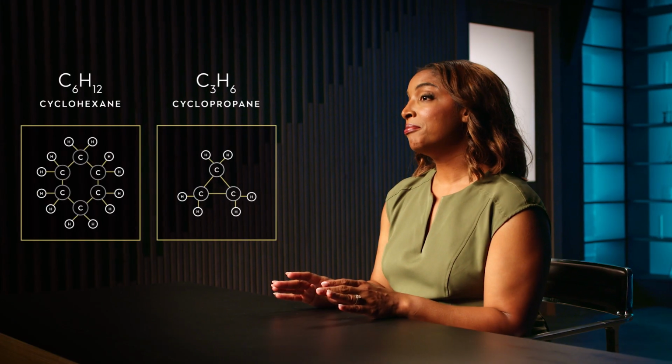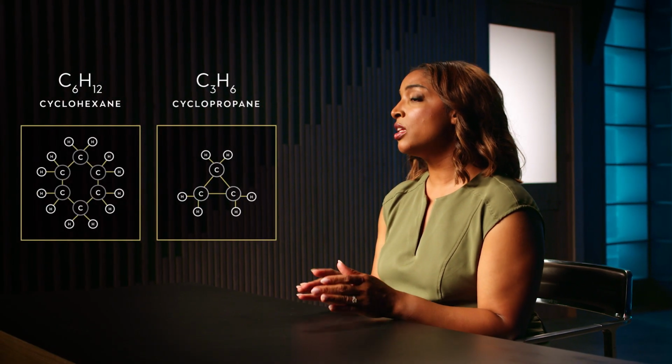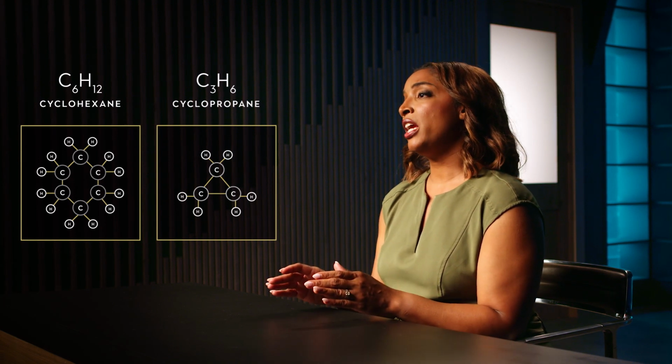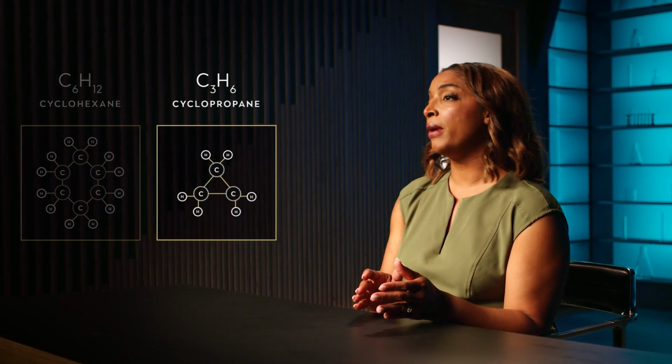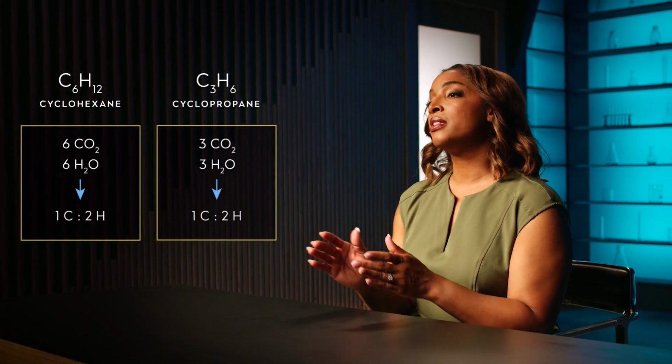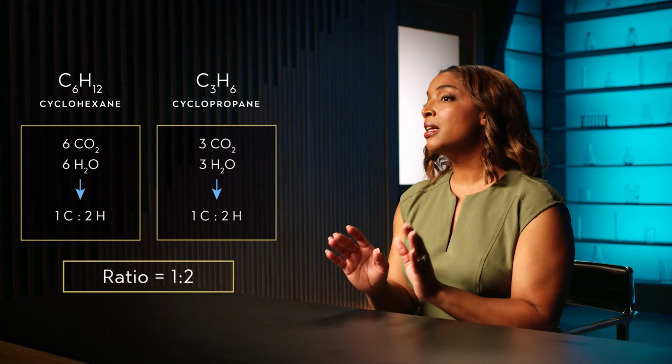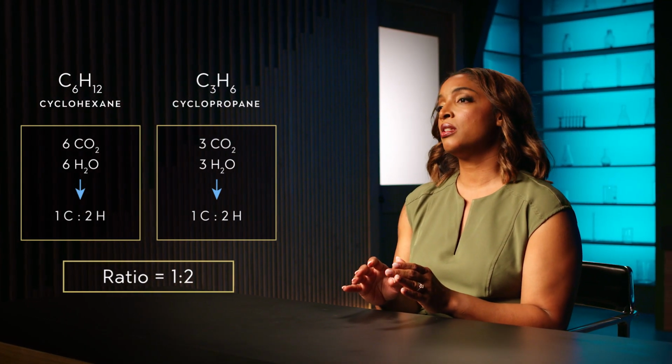So, based on combustion analysis alone, we cannot differentiate between C6H12 cyclohexane and C3H6 cyclopropane because they both produce the same ratio, but it does slightly narrow down our options.